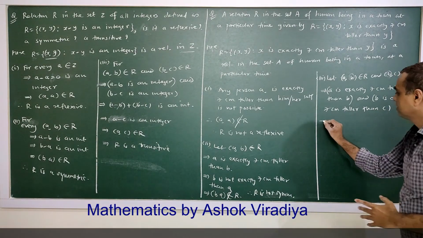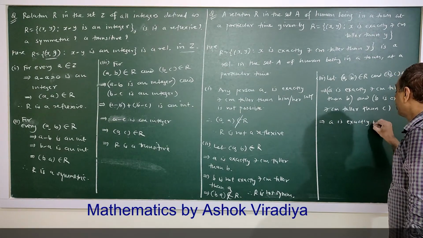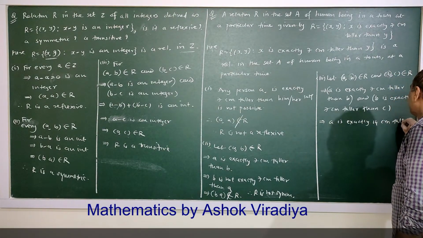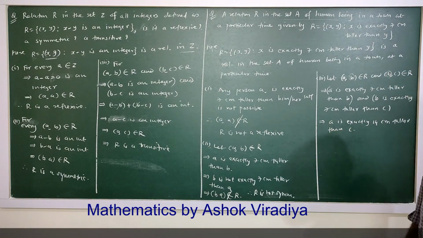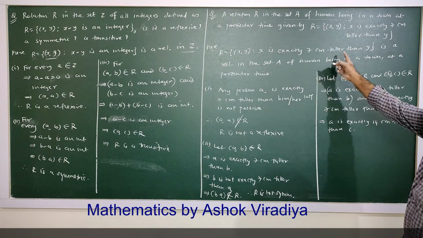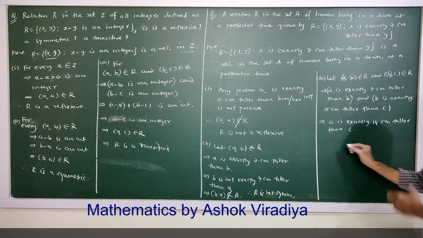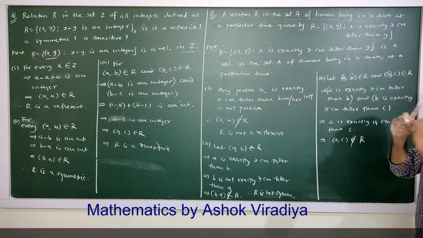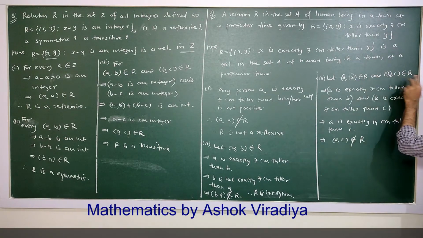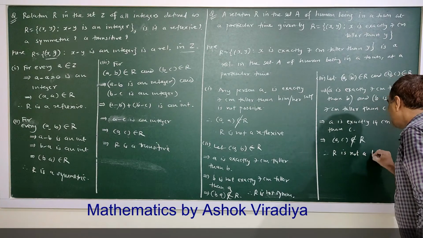That means A is exactly 14 centimeter taller than C. If A were 7 centimeter taller, it would belong to R, but here A is 14 centimeter taller than C. So AC does not belong to R. AB is in R, BC is in R, but AC does not belong to R. So R is not a transitive relation.